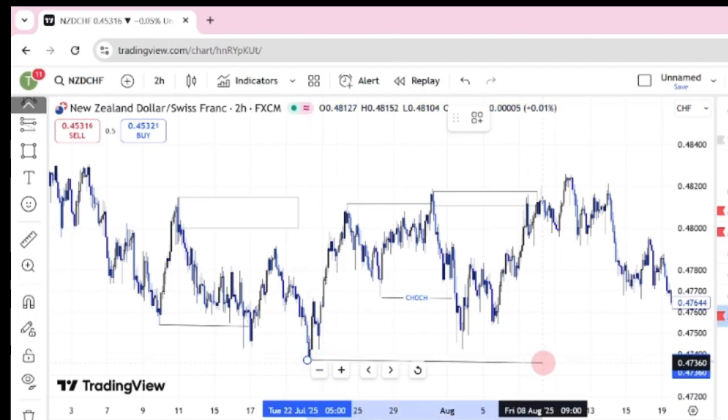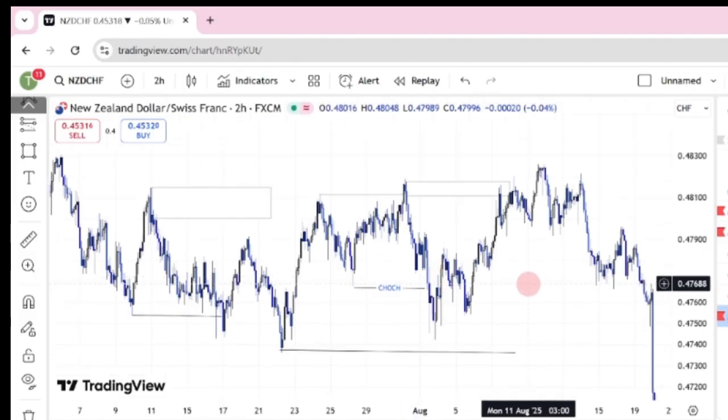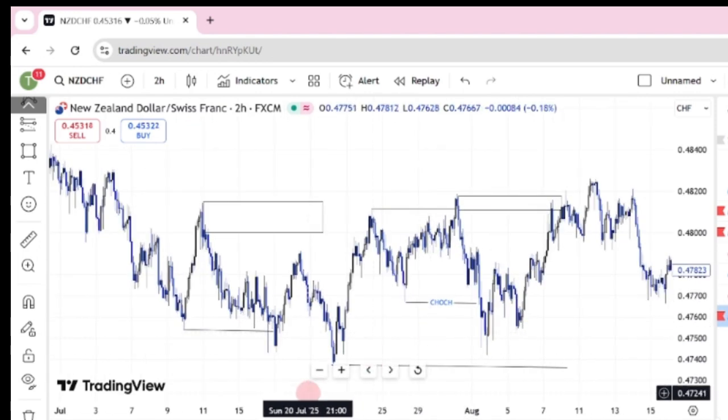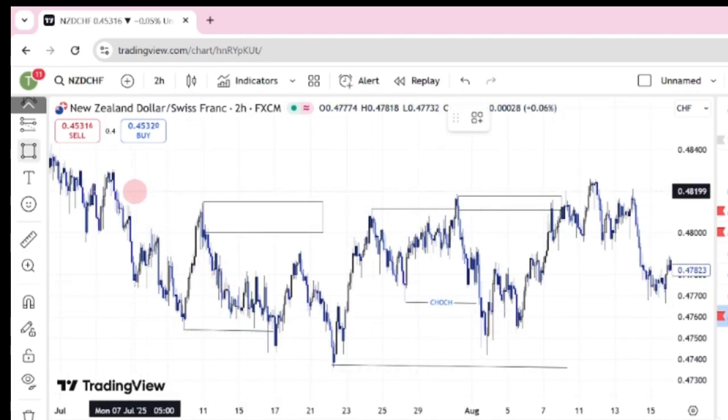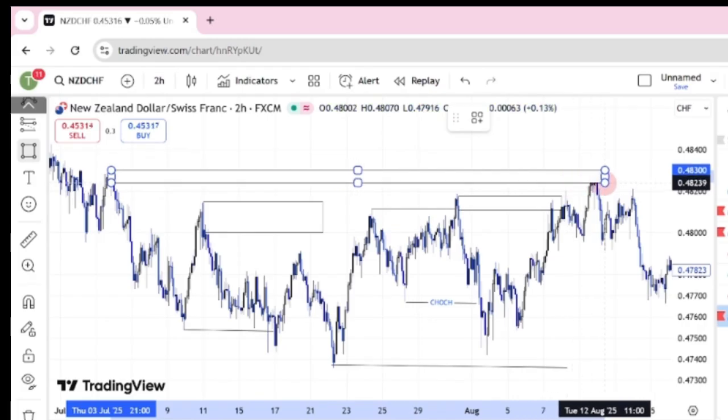This low is still protected. So you can't be looking for a sell from this, because this high isn't protected. We need this high to take out this, and that's why this zone was the valid order block, this one.